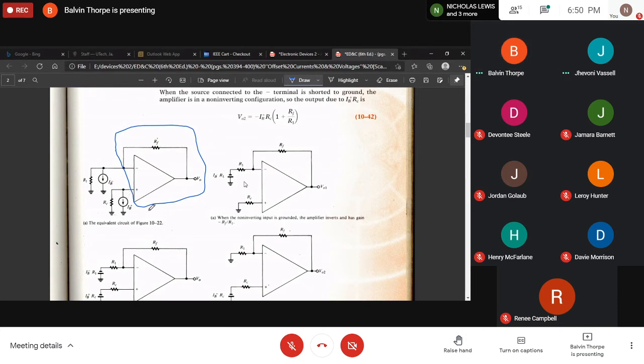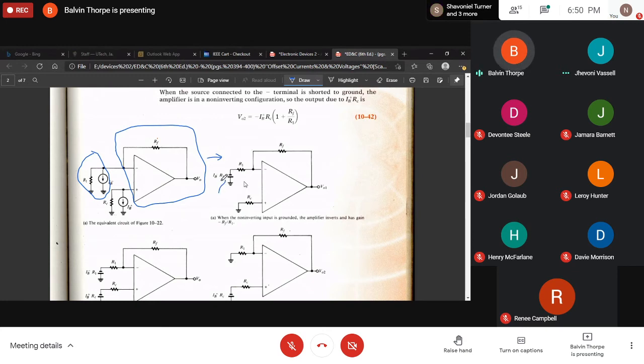Now we can shift that over to here and call this a voltage source, because it's I times R, right?